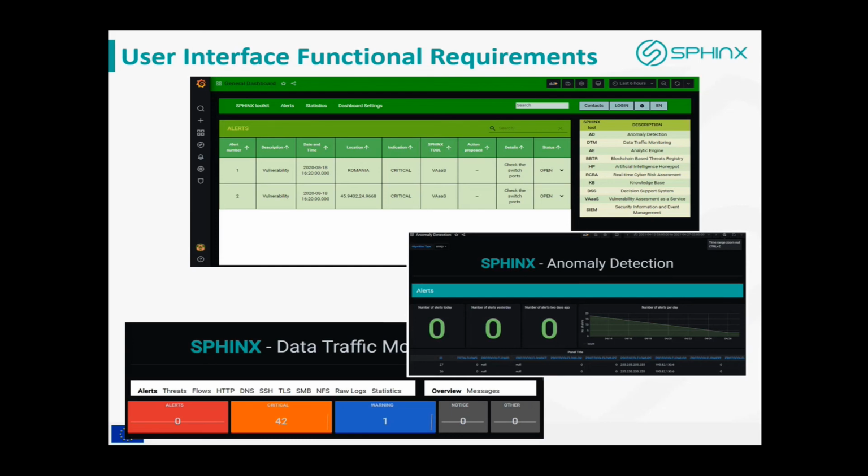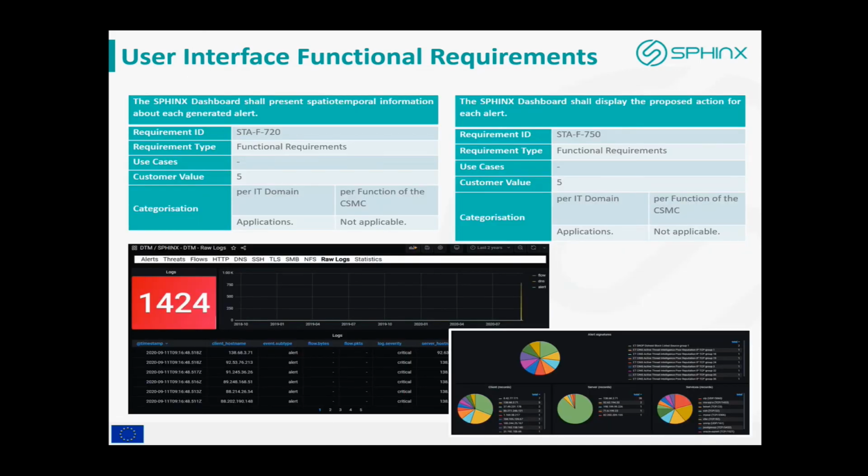It is very important for us also to have alerts and to be aware when and where an attack or malicious action occurs.